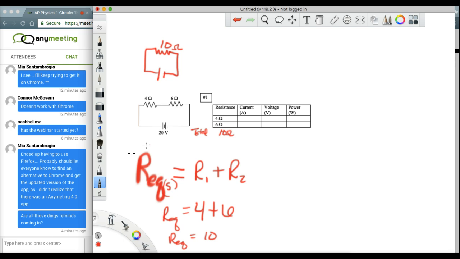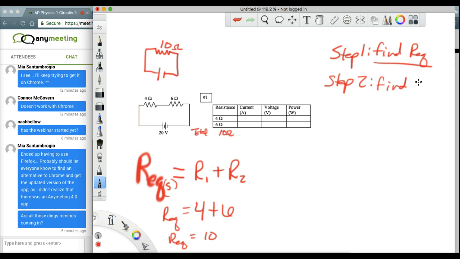The next thing that you want to do, so step one is to find equivalent resistance. That's usually going to be the very first thing you do for almost every circuit problem if math is involved. Step two is to find the current coming from the battery.